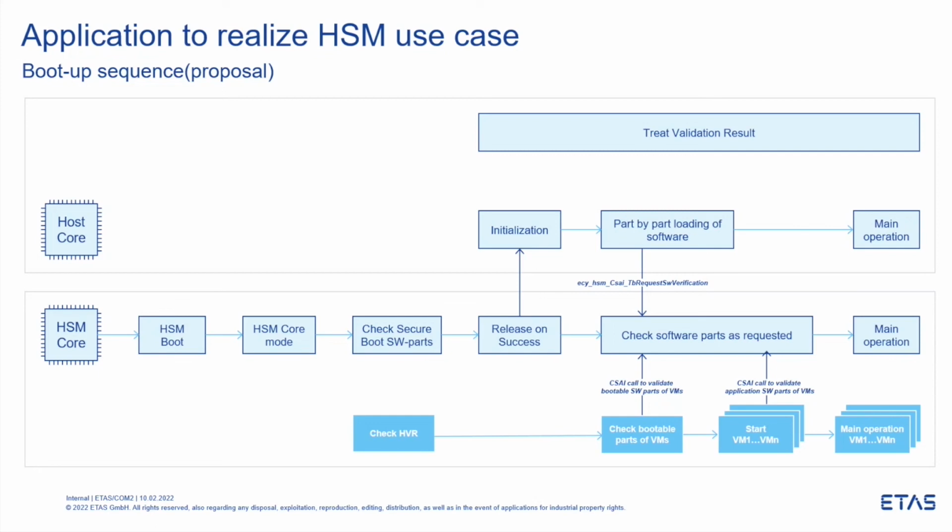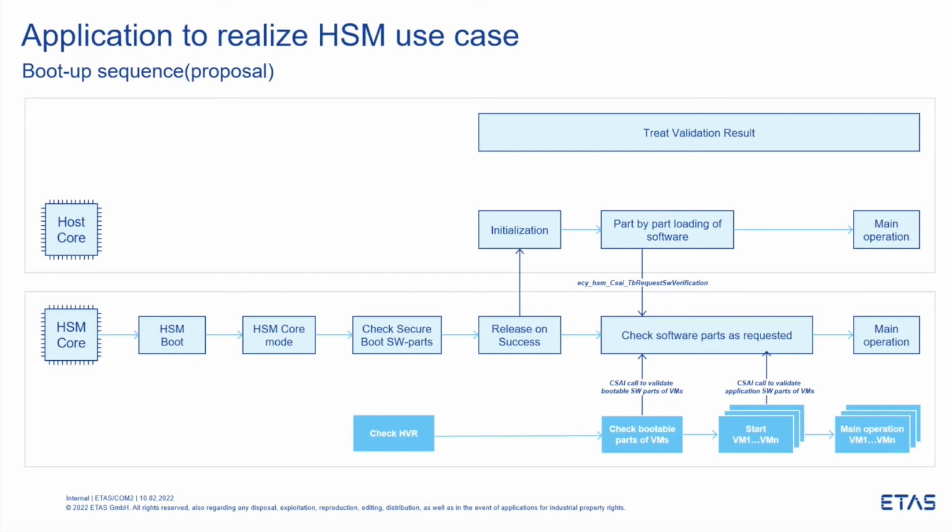Now let's see what we see in a virtual environment. So we would have the same route again. The HSM will boot up and move into core application mode after successful validation of the HSM software. Then in the next step, the HSM will check all the secure boot software parts on the host side, including now the new hypervisor software part.